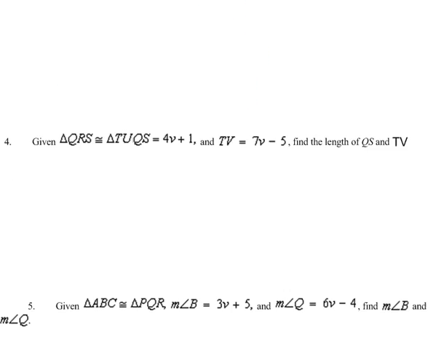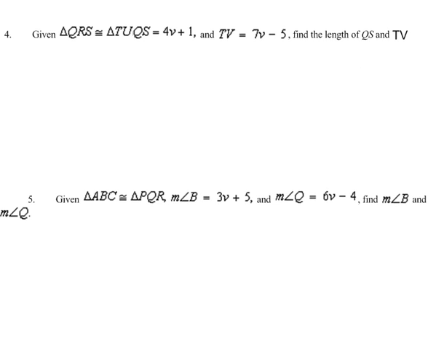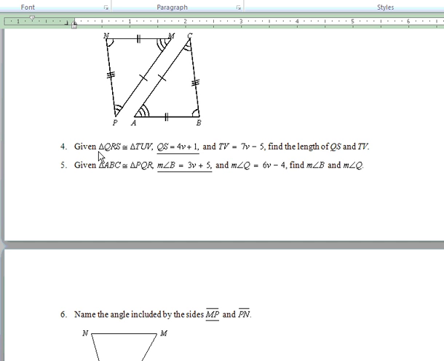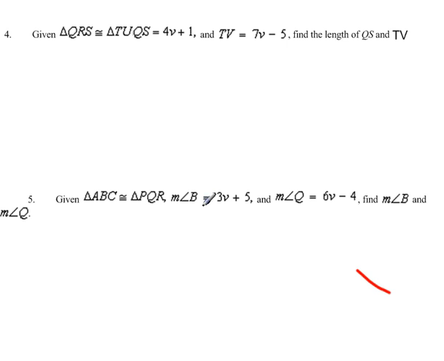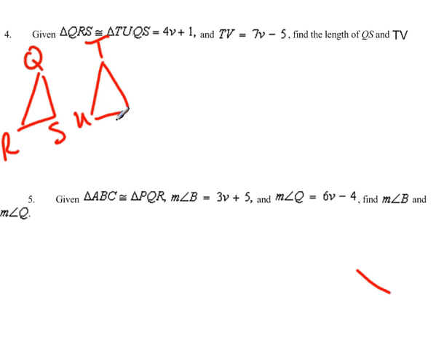Number 4 and number 5 are here together. Number 4 says given triangle QRS is congruent to TUV.